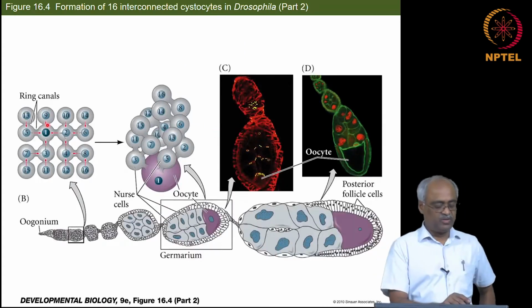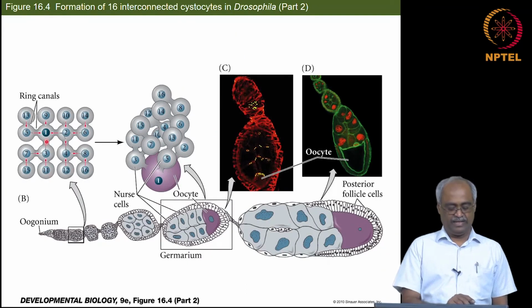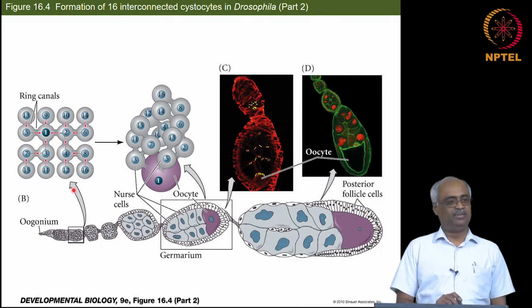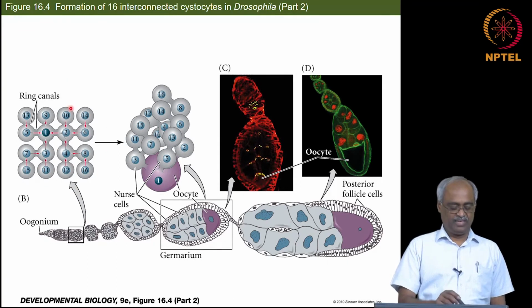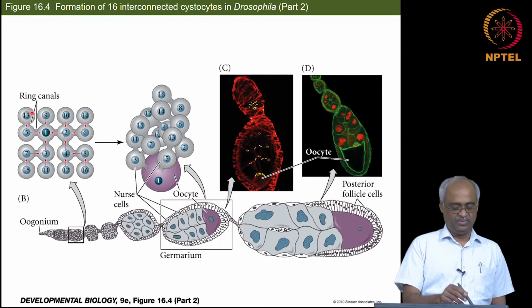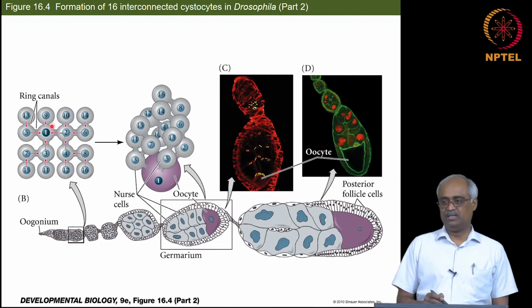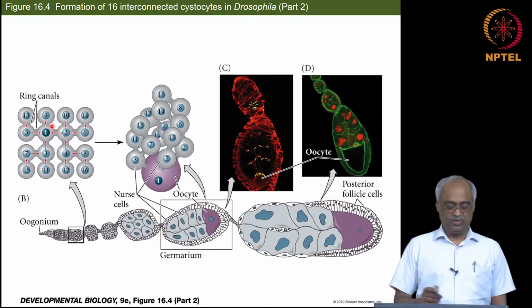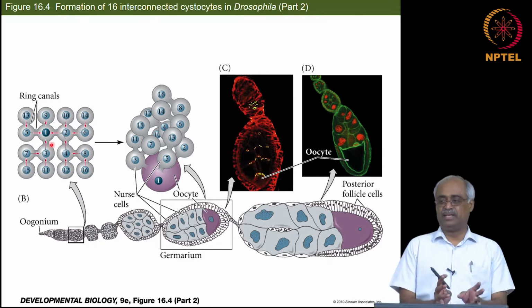So, it is going to keep dividing, and then finally you will end up getting this sort of an interconnected set of 16 cells, where if you see these two cells have the maximum connection, they are connected to 1, 2, 3, 4 more cells, while the other one, see this is connected to only 1 and this is connected to 2, and similarly you see them, and you never see any other 2 cells connected to 4 connections, and the one that has the 4 connections will get the maximum cytoplasmic output from the other cells.